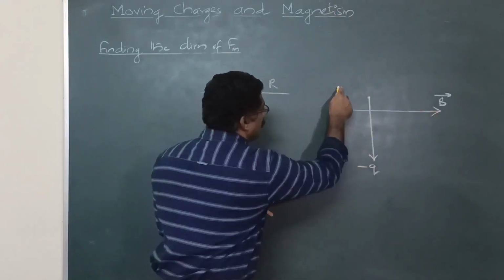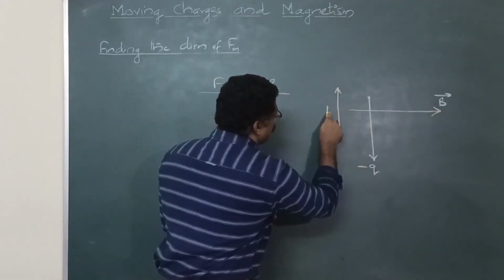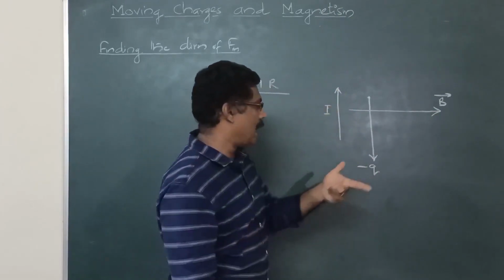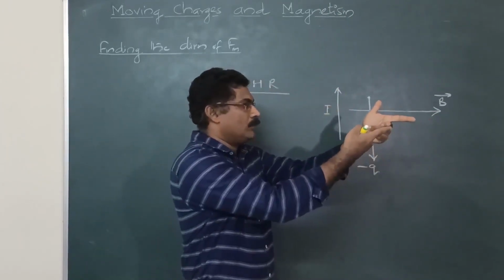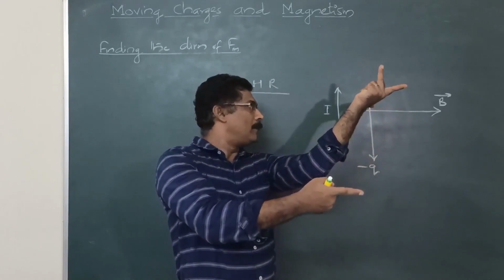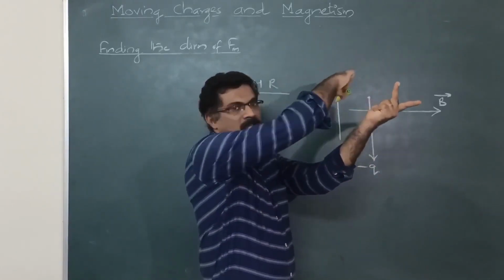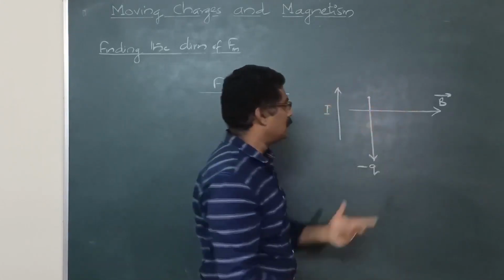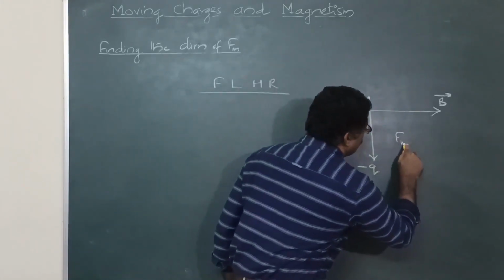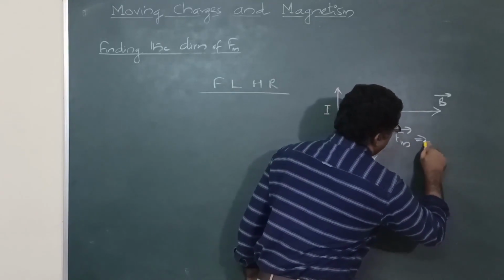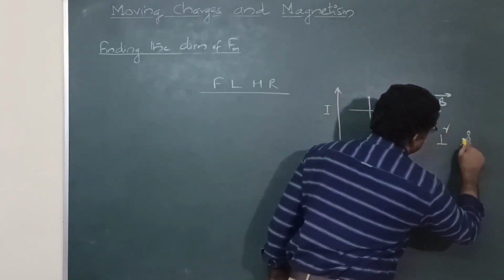So the central finger is pointing up. Then what is the direction of the magnetic Lorentz force? Inward. So you can say that the direction of the magnetic Lorentz force is perpendicular and inward.